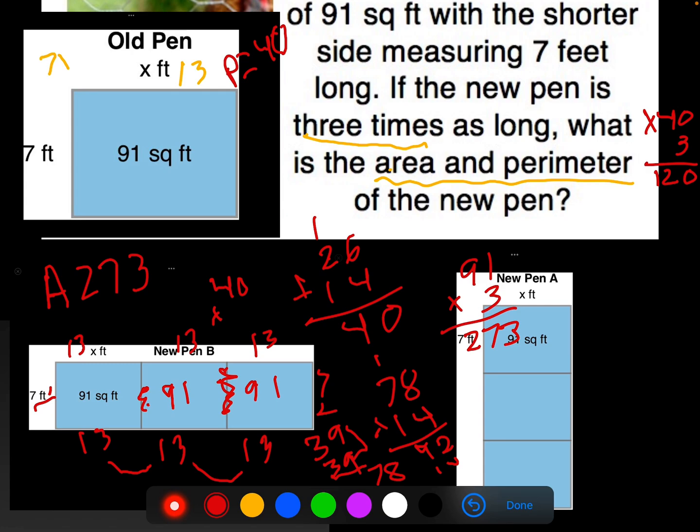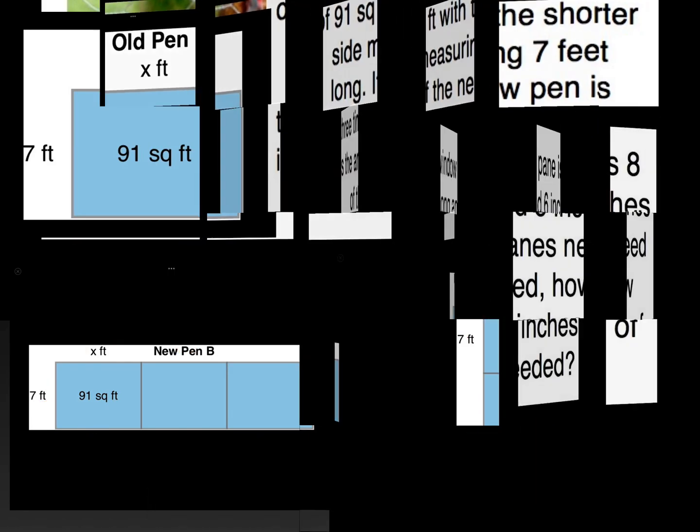Yes. Let's try that again. 78 plus the 14 is 92. Okay, so our correct answer was the area was 273 square feet, whereas the perimeter was 92 feet. All right, take a look at the next one.